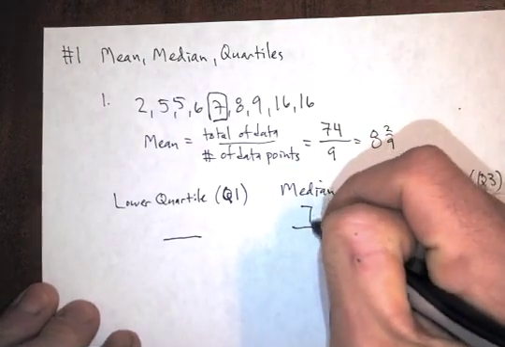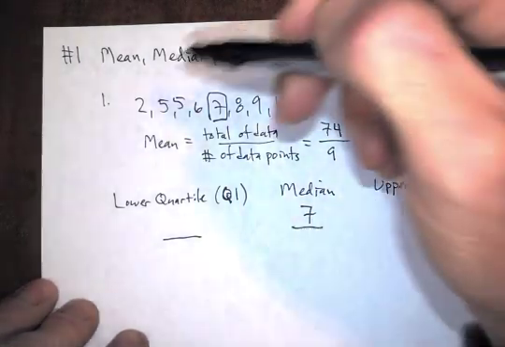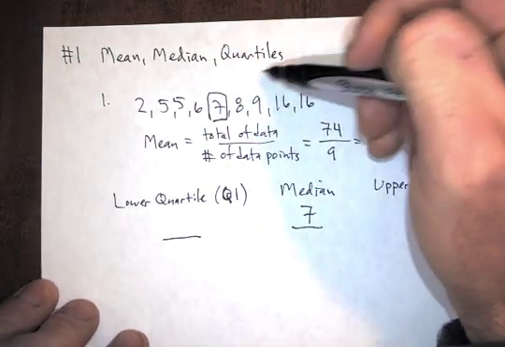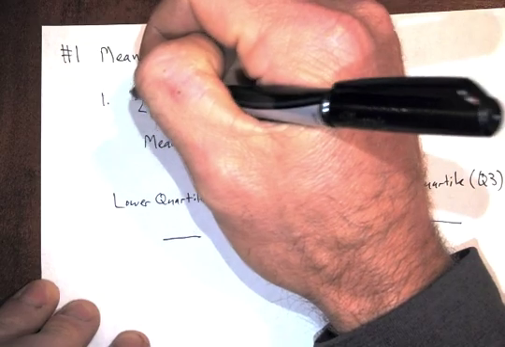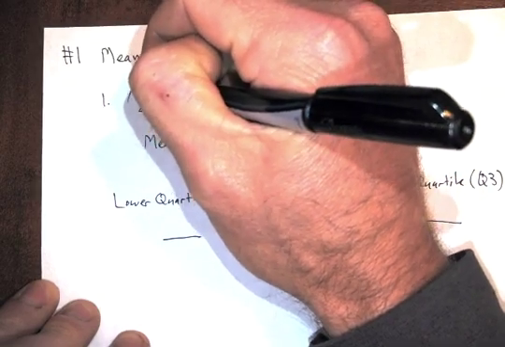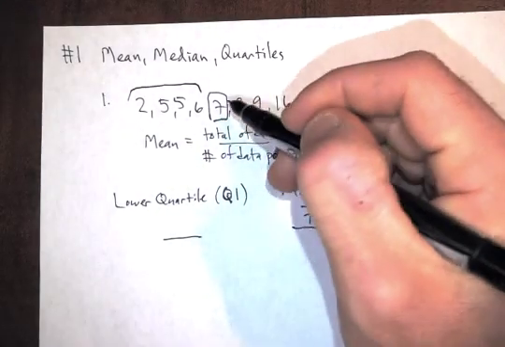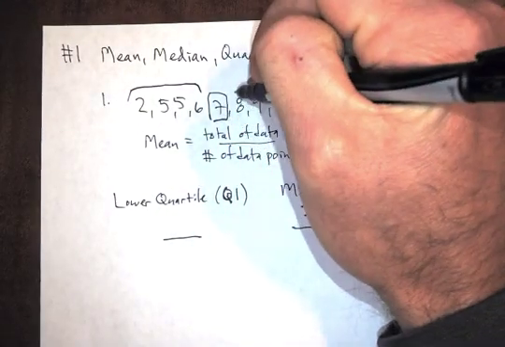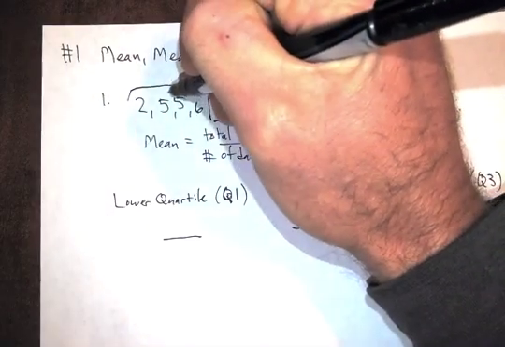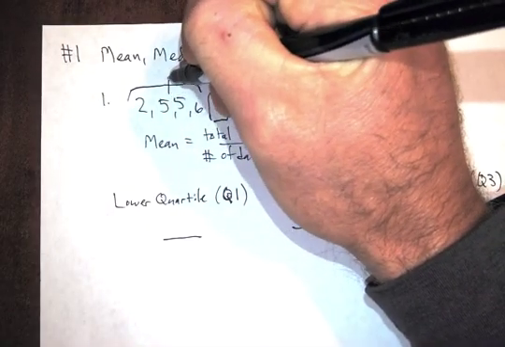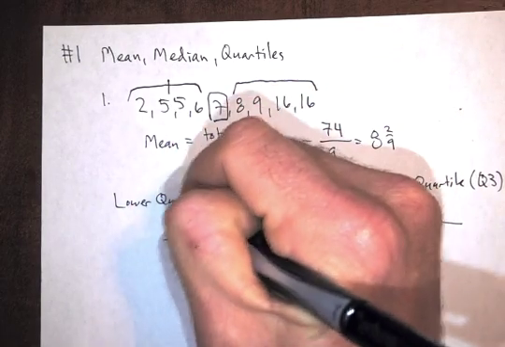Now to do quartiles, take the lower half and find the middle again, then take the upper half and find the middle again. Let's just bracket it in there. I'm not going to include the median in this case since the median is right on 7. In the lower half, the middle is right at 5, between 5 and 5, which is just 5. That's the lower quartile.